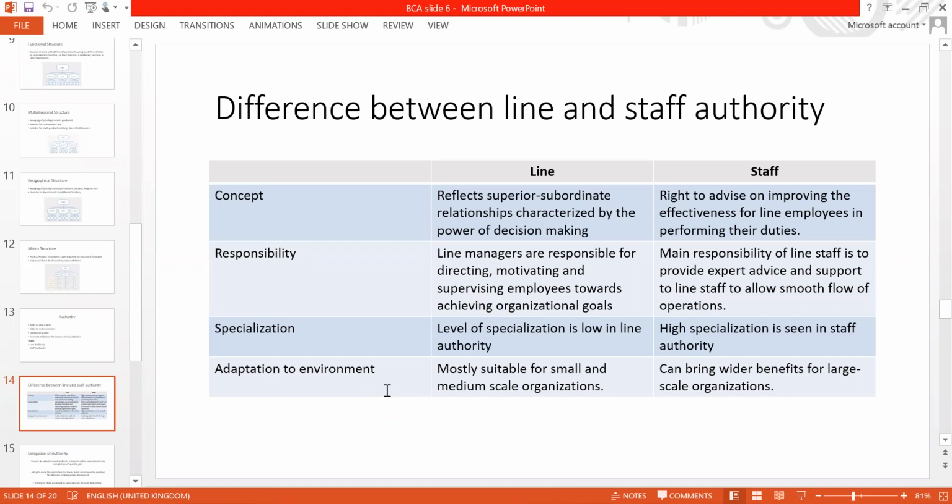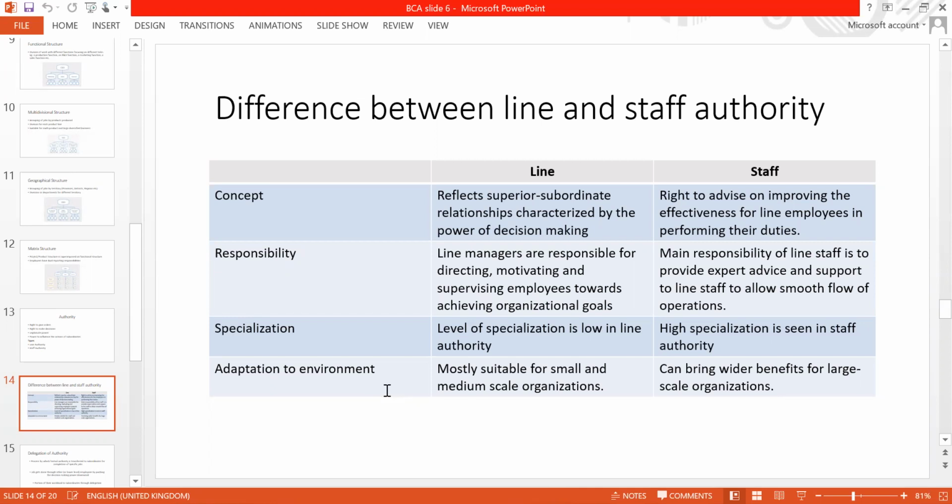That kind of authority, which exists in the form of a straight line, where the superior gives orders to subordinates, is called the line authority. In line authority, the superior will give orders to the subordinates, direct them, motivate the people to work, and supervise his subordinates. Okay?